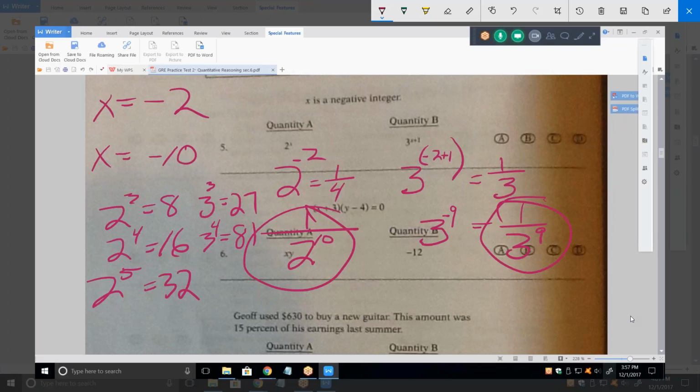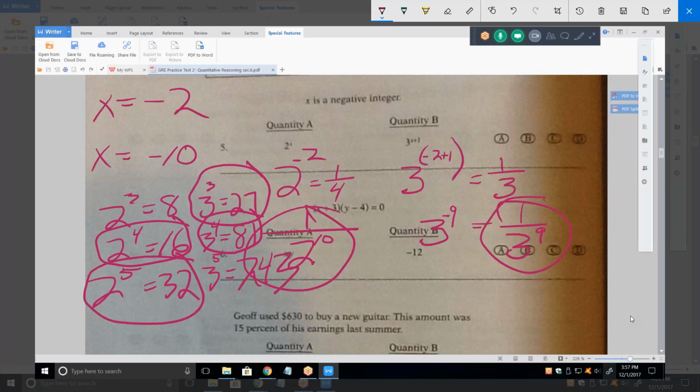So just looking at it, notice what happens if I look at a couple of powers. 3 to the third is bigger than 2 to the fourth. Oh, wow. And 3 to the fourth is bigger than 2 to the fifth.